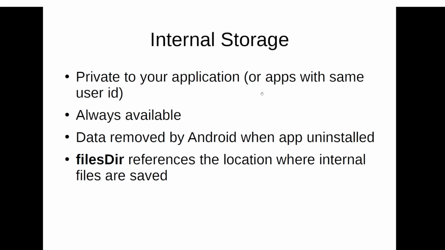And when your application wants to access its assigned internal storage location, you would use the filesDir reference or getFilesDir if you'd like to invoke a function. And this will return to you a File object representing the base directory where you can begin to store your own files or create subdirectories.